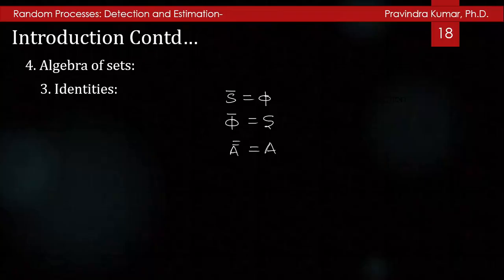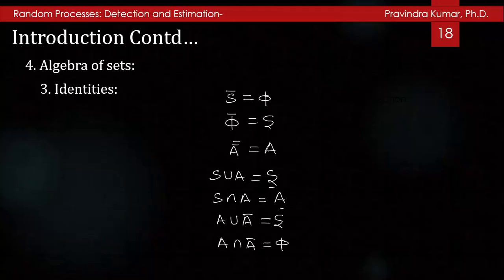A bar bar is equal to event A. The universal set union A is the universal set, and S intersection A is equal to event A. Also A union A bar is the universal set, and A intersection A bar is the null set.